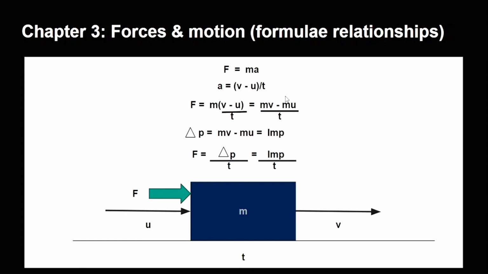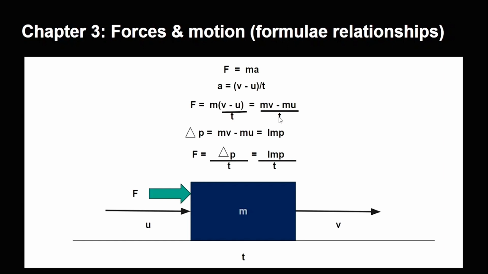Now, if I substitute this expanded form of acceleration into my original equation for force, I've got force is equal to mass times the change in velocity divided by time, right? So that is equal to mass multiplied by the final velocity, minus mass multiplied by the initial velocity, the whole thing divided by time.